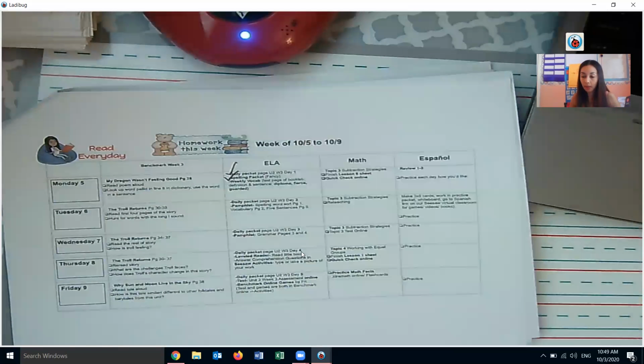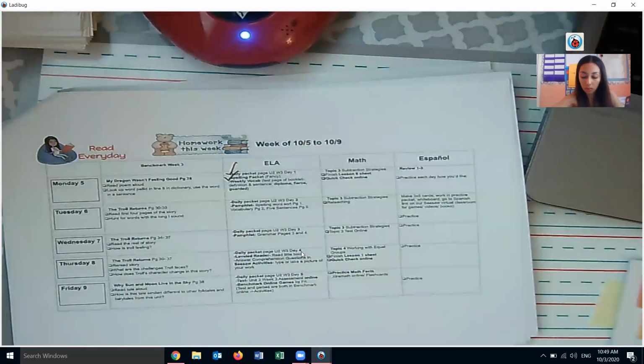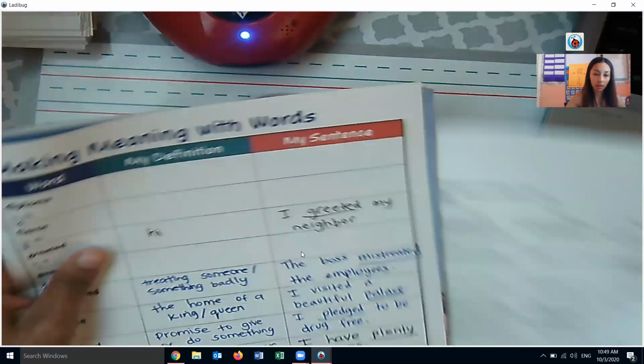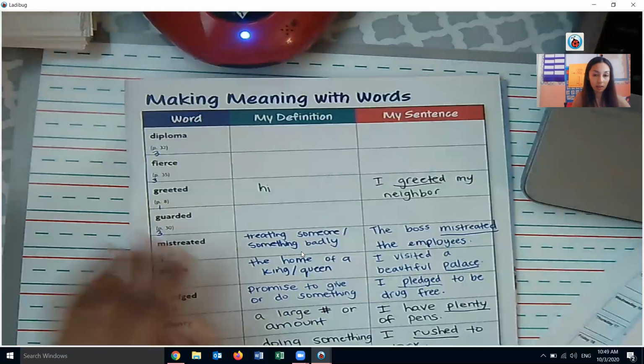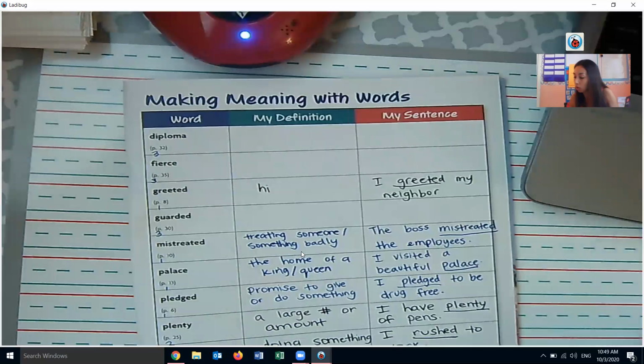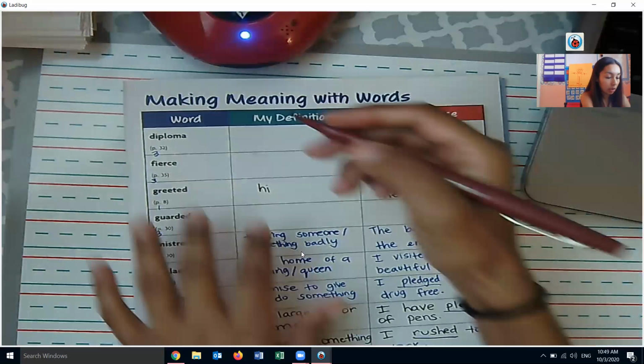Weekly vocab, we're going to go into the very last page of our booklet, and we're just going to fill out basically the last 3 blank spaces we have. So a diploma is like a document.